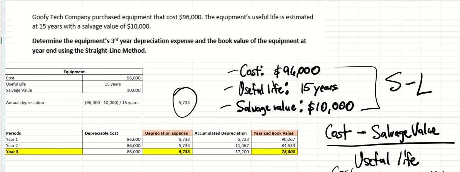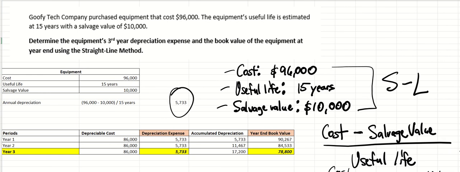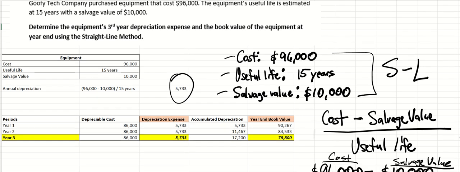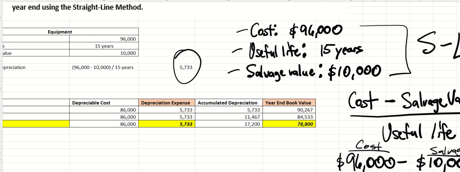Now we go back up here to the problem. It says determine the equipment's third year depreciation expense and the book value of the equipment at year end. So we need to know what's the depreciation expense for the third year. Well, let's go ahead and walk through this.